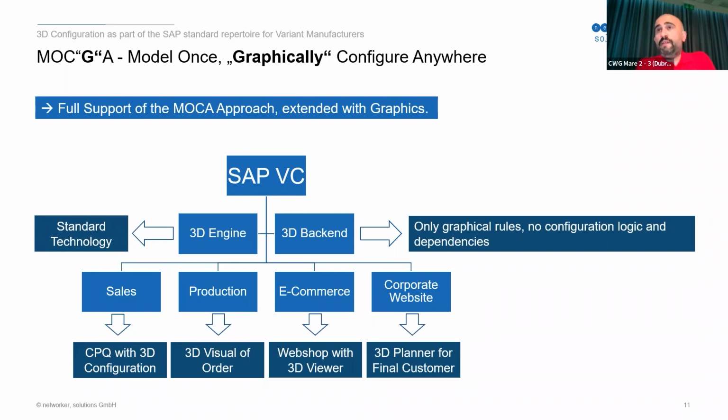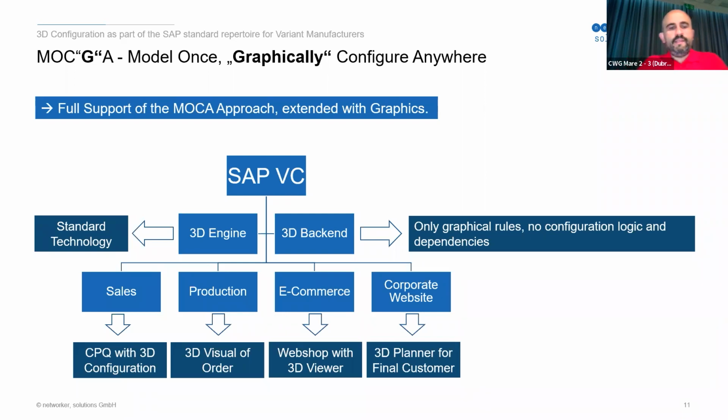We want to use a standard which is available on the market and which is also a proven technology. But what we did is to create our own 3D backend, where you can maintain the graphical rules, but no configuration logic or dependencies, because these are coming from SAP in VC. So it's just adding the missing part for real 3D configuration, and that's what we add.